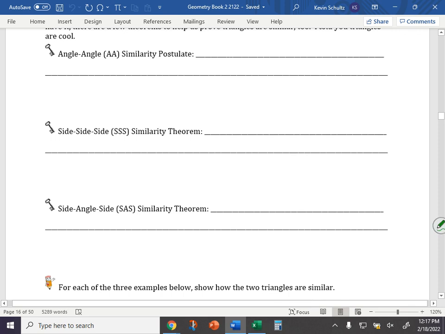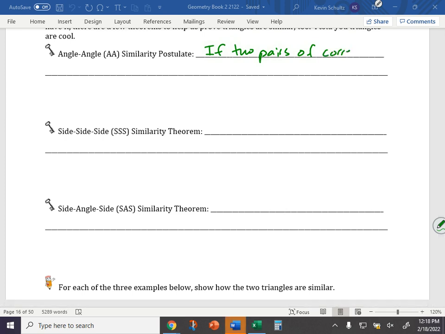triangle congruency, now we're dealing with triangle similarity. The first one, the AA, angle similarity postulate, says that if two pairs of corresponding angles are congruent, then the triangles are similar.